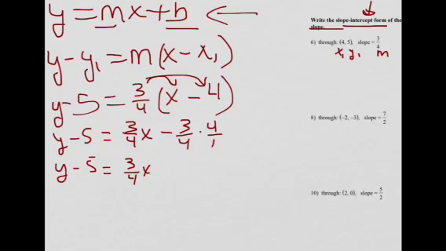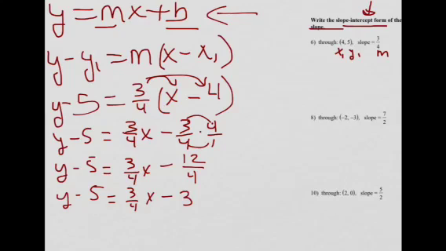You multiply straight across: minus 3 times 4 is minus 12, over 4 times 1 is 4. Let's simplify some more. y minus 5 equals 3/4 x minus 12 divided by 4, which is 3.